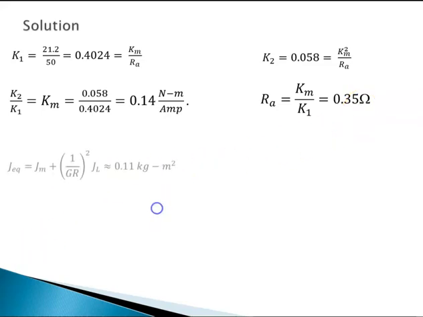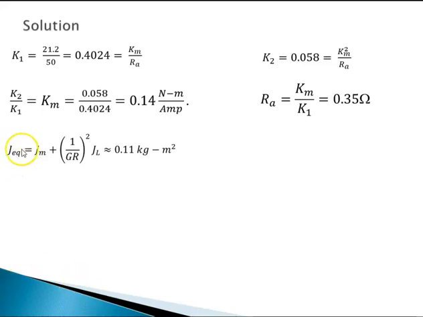Next we compute further quantities that we need. One quantity that we need is J equivalent, which can be given as motor inertia plus 1 over gear ratio square into load inertia. How to derive this, we'll see at some point of time, but just remember that when there is a gear train between the motor shaft and the load shaft, you find the equivalent inertia as shown over here: Jm plus 1 by gr square Jl.